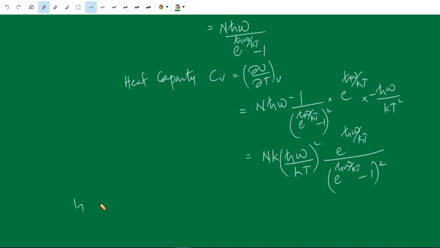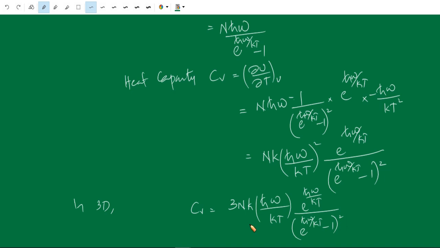In three dimensions, we have to replace N by 3N, since in all the dimensions there are N oscillators. So in three dimensions the heat capacity becomes 3Nk (h cross omega by kT) square, e raised to h cross omega by kT divided by (e raised to h cross omega by kT minus 1) the whole square.